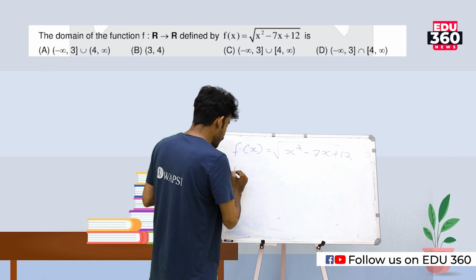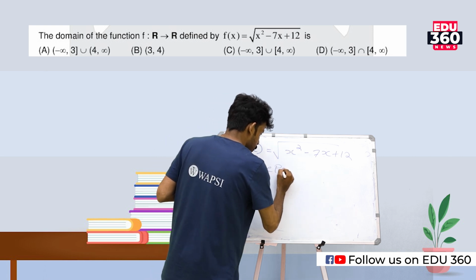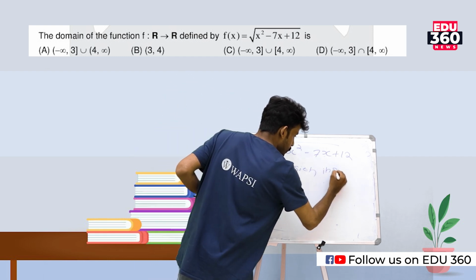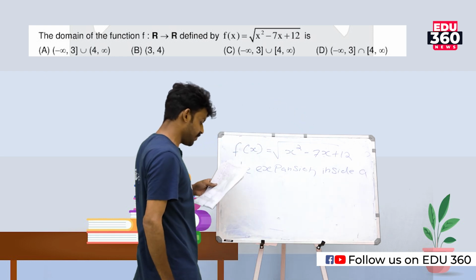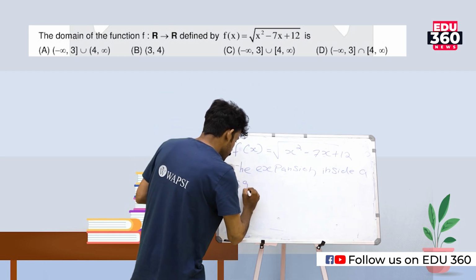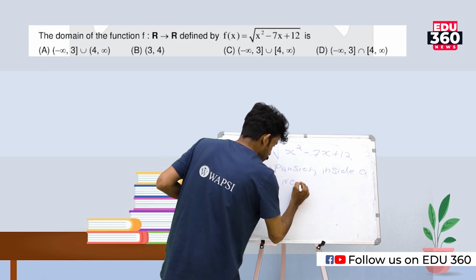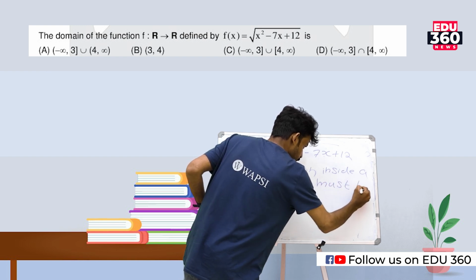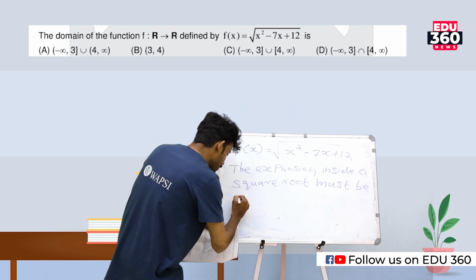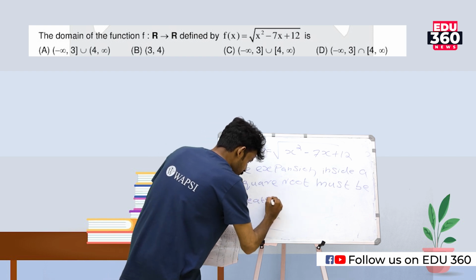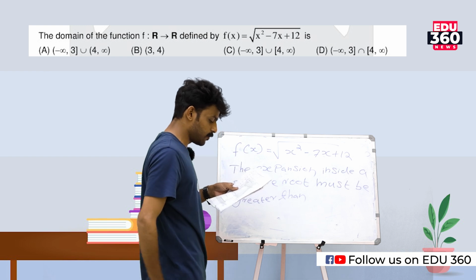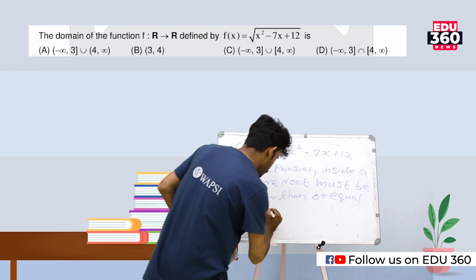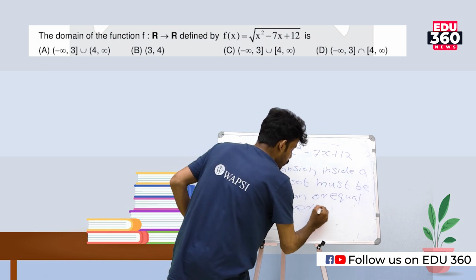So we know that the expression inside a square root must be greater than or equal to 0.